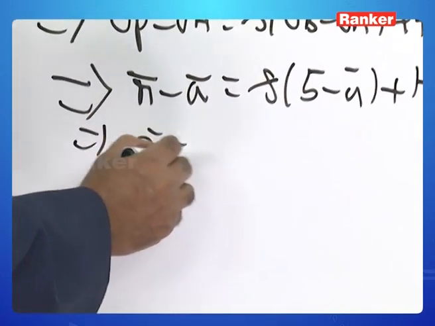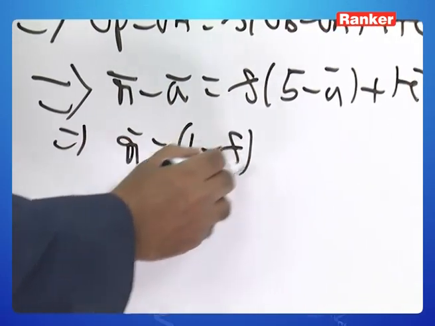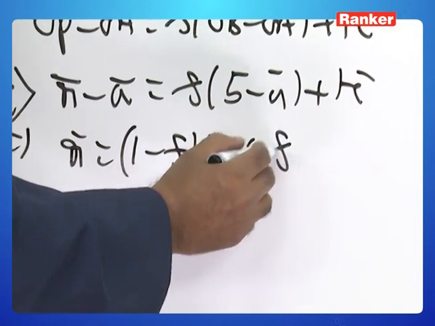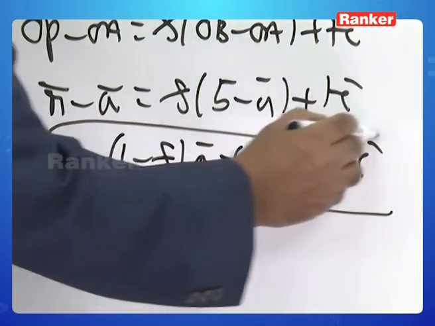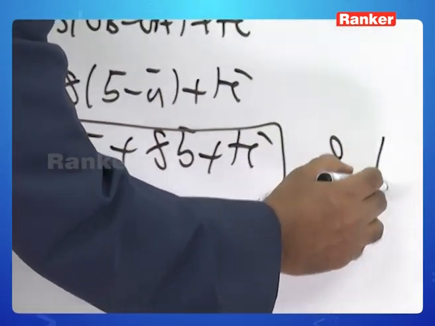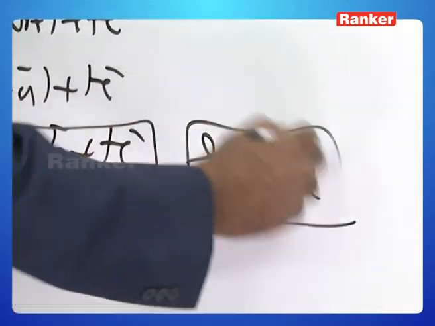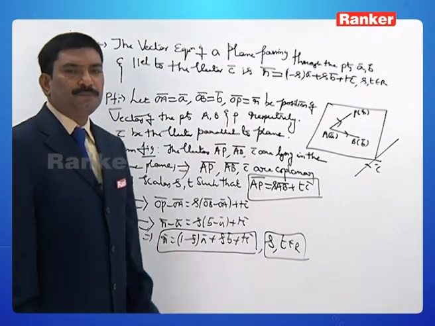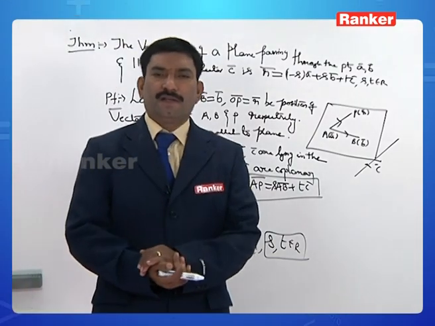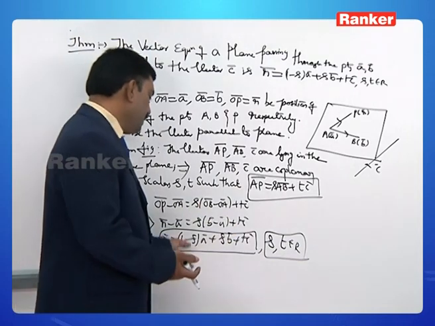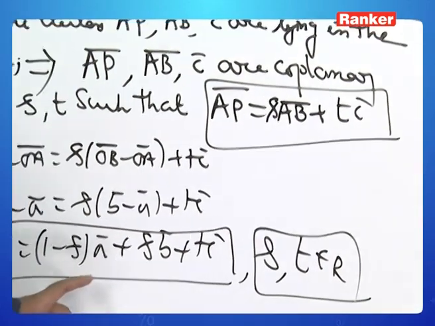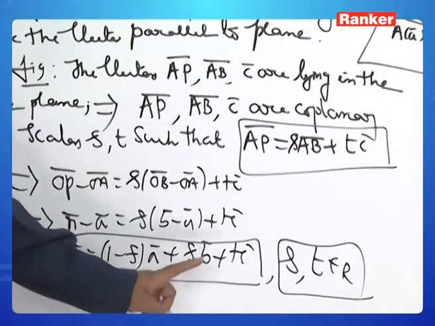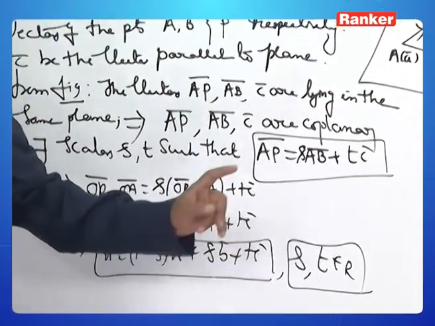Now R bar is equal to 1 minus S into A bar plus SB bar plus TC bar, where S comma T belongs to R. Remember, we have arrived at the linear combination R bar is equal to 1 minus S into A bar plus SB bar plus TC bar.